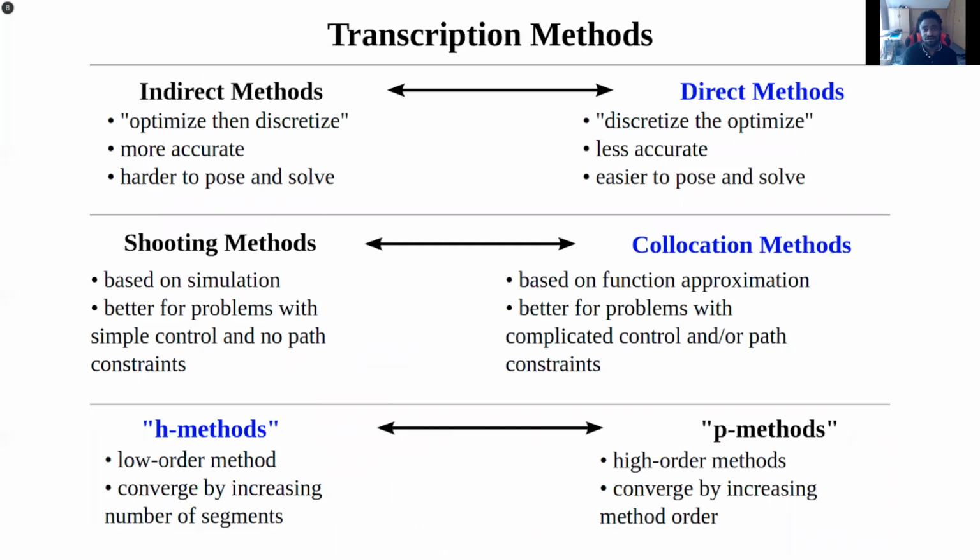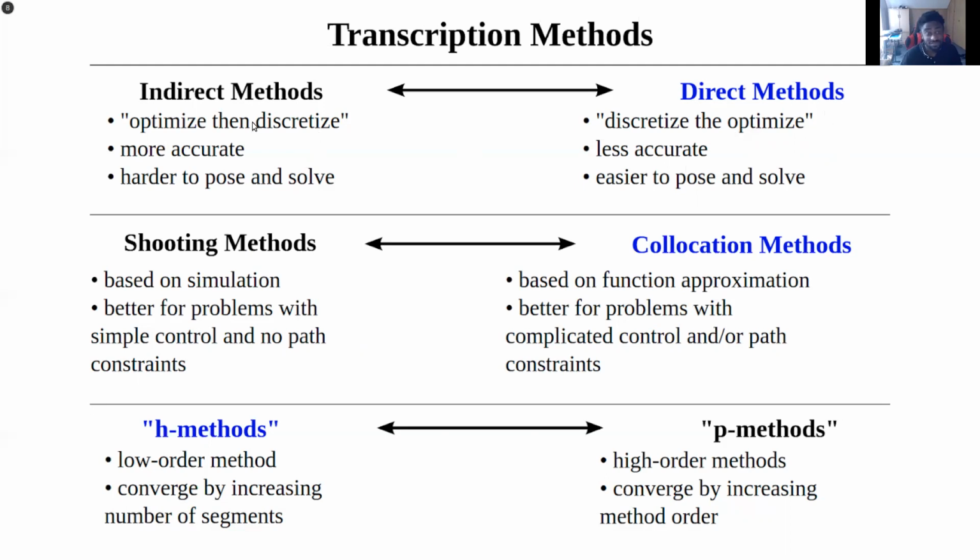And so most of the trajectory optimization methods deal with how to actually discretize the optimization problem into a nonlinear program. Some methods, like the direct methods, discretize first before they optimize. By performing this discretization of the time before supplying it to the NLP solver, it becomes less accurate, but it's much faster and easier to pose and solve.